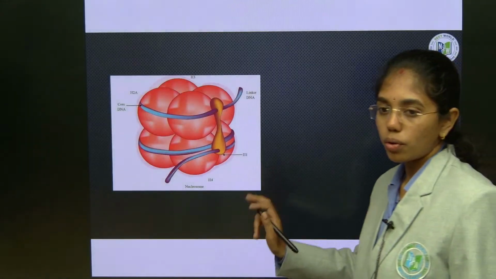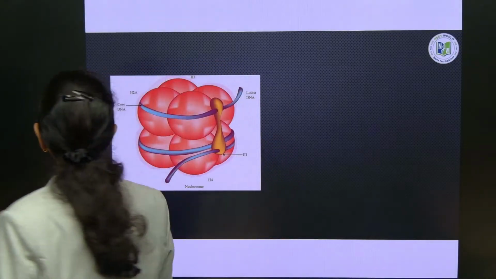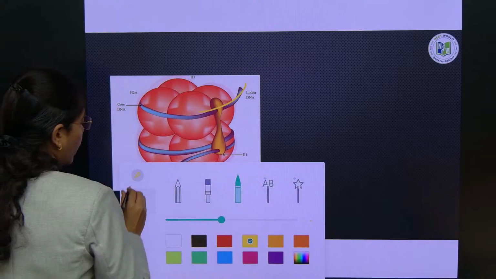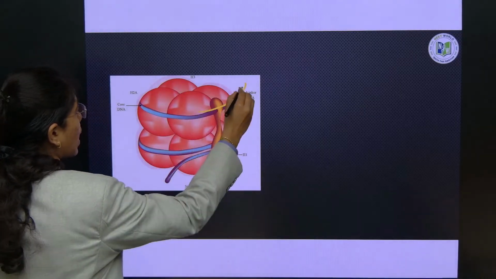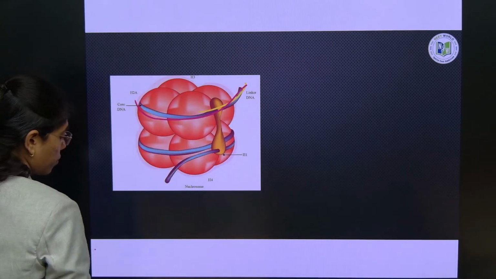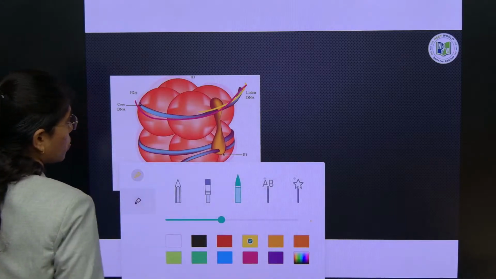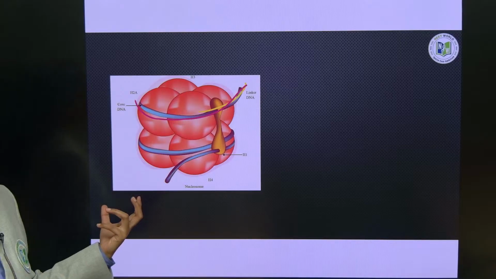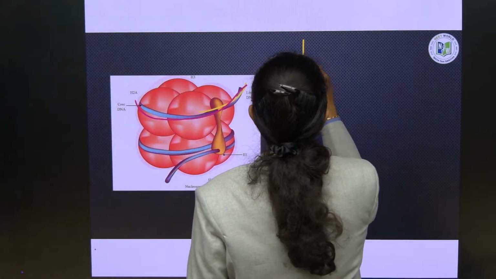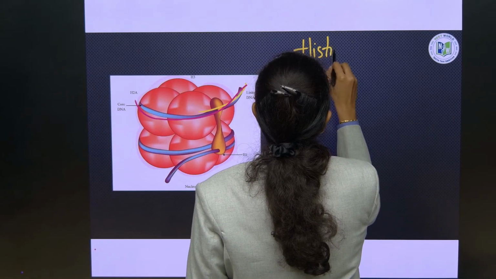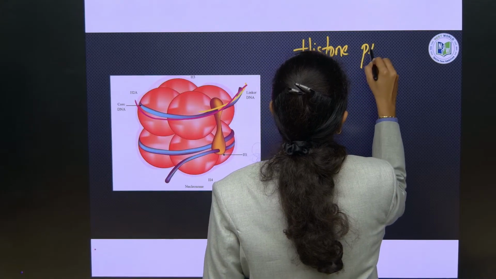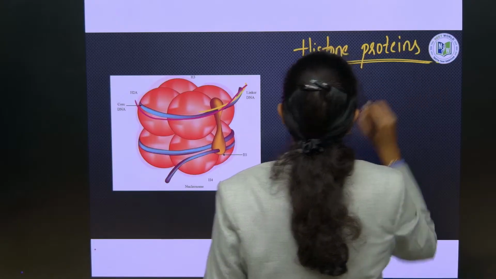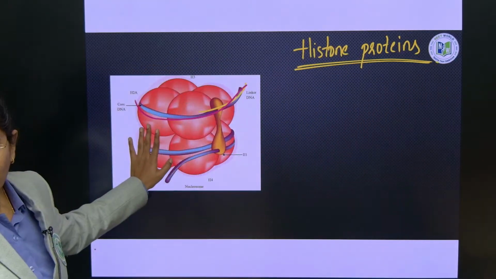Here you see the nucleosome model. The negatively charged DNA is wound around positively charged histone proteins, which are positively charged because they have lysine and arginine.